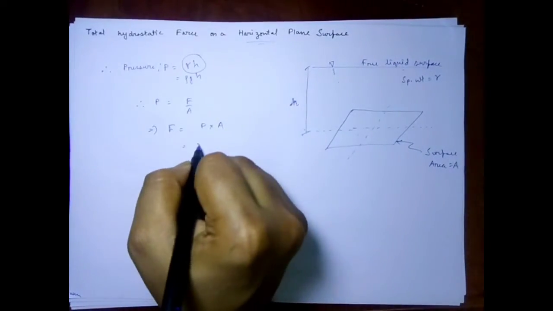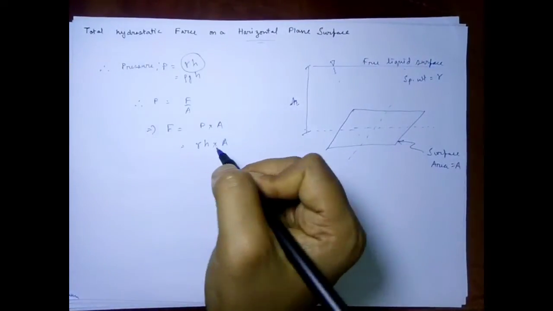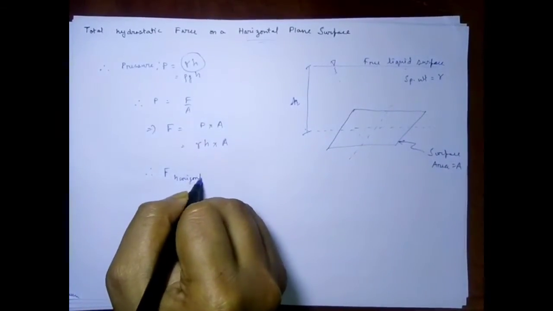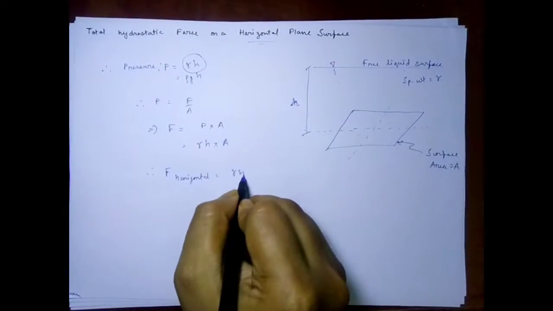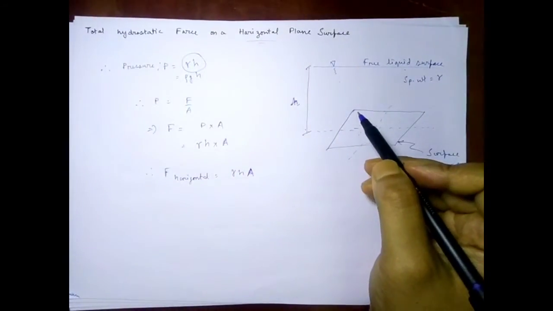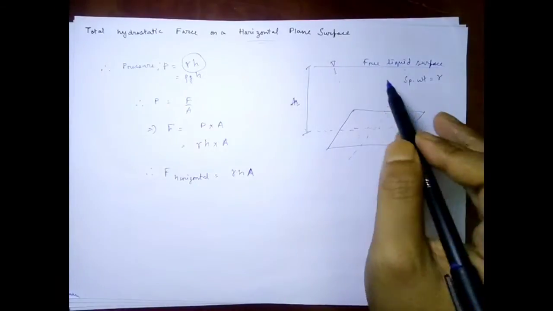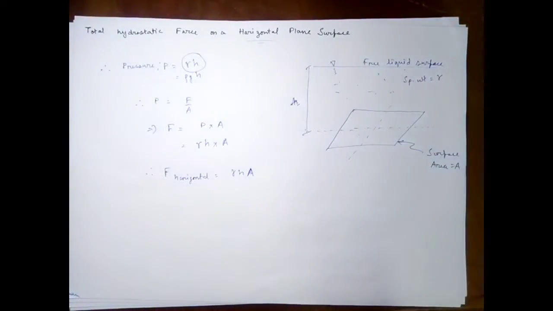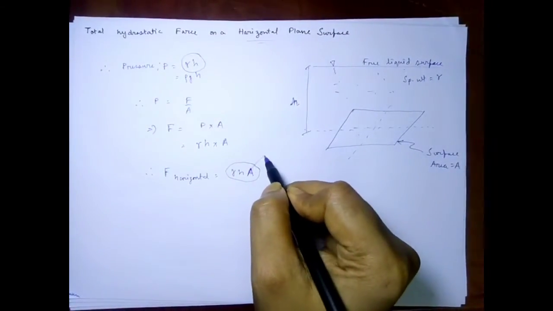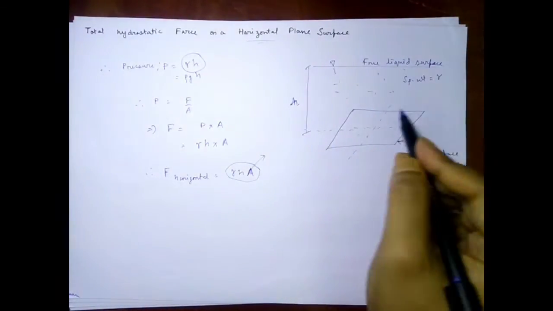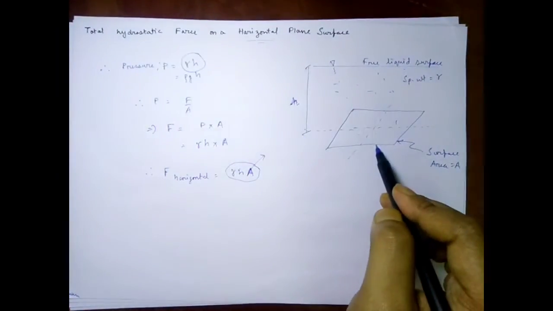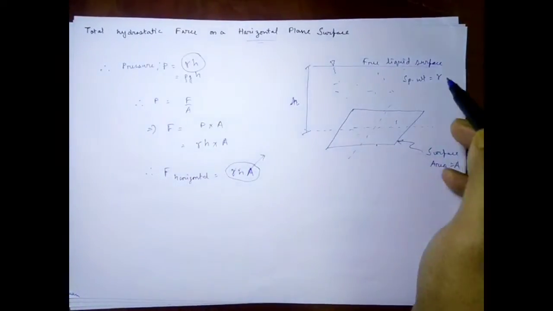So we can write pressure as gamma h times A. So therefore F horizontal will be equal to gamma h A. Whenever we are given a horizontal surface immersed in a liquid body, we can use the simple formula gamma h A, where A is the area of this plane surface, h is the depth from the free surface, and gamma is the specific weight of the liquid.